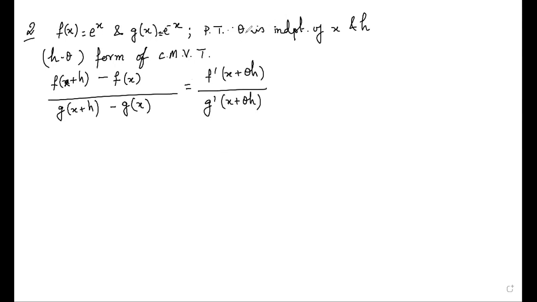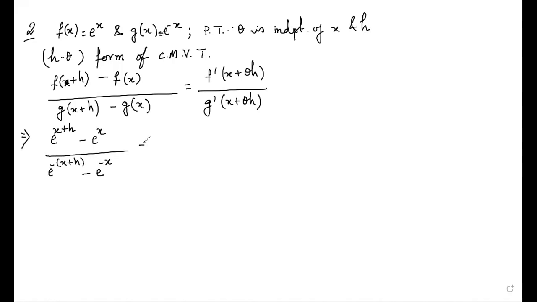Here I need to get the value of theta, and we are going to prove that it is independent of x and h. So let us move on by putting the values of the functions. f(x plus h) means e to the power of x plus h, minus f(x), e to the power of x, divided by g(x plus h), which is e to the power of minus (x plus h), minus e to the power of minus x.